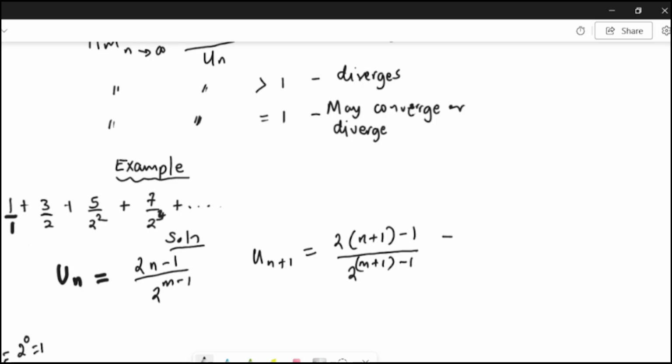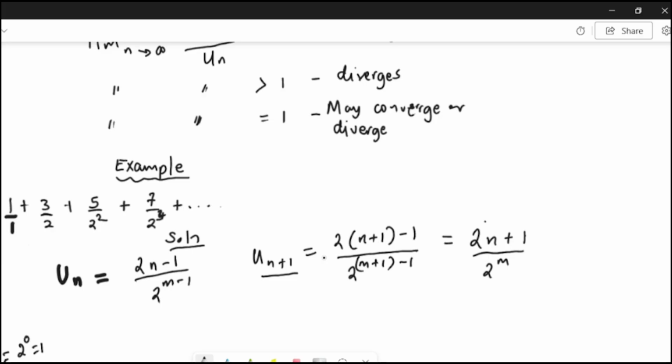Now your u m plus 1 is going to be 2n plus 2 minus 1, it gives me plus 1, and for the denominator I'm going to get 2 power m. So I have u n plus 1, and then I have u of n.